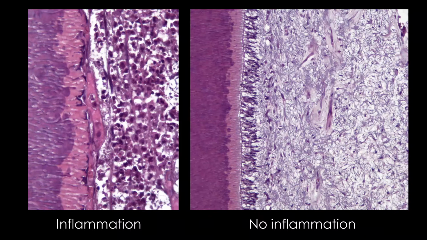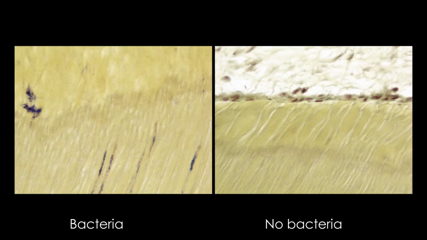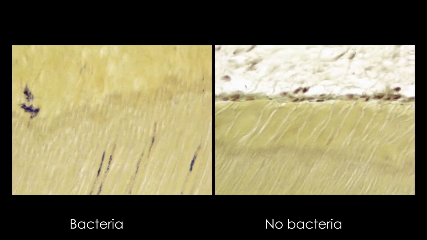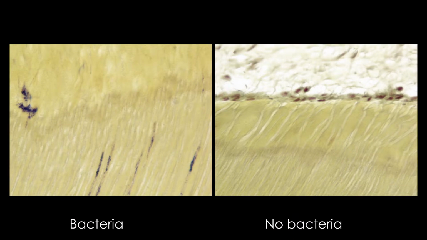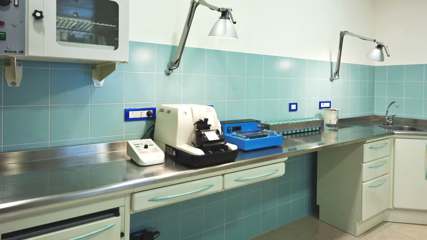So, for example, you can say for sure inflammation, no inflammation. You can say for sure if you have infection, bacteria, yes or no. So this is readily explainable also to colleagues who are not versed with histology. This is very easy to understand. So this is the link between the clinic and the research, and this is the reason why I decided to establish my own histologic laboratory.